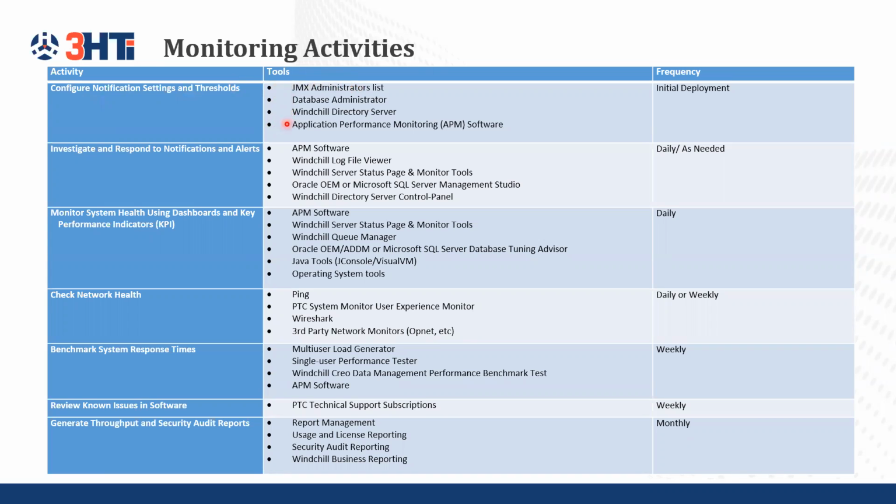And one item here is you have the option to use application performance monitoring software. PTC System Monitor was used in the past, but is no longer supported. But any other APM solution can be used to help monitor any of these activities.